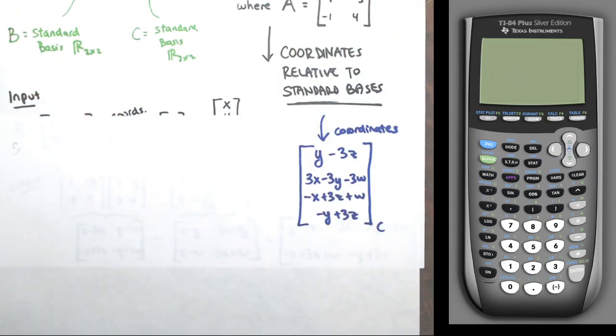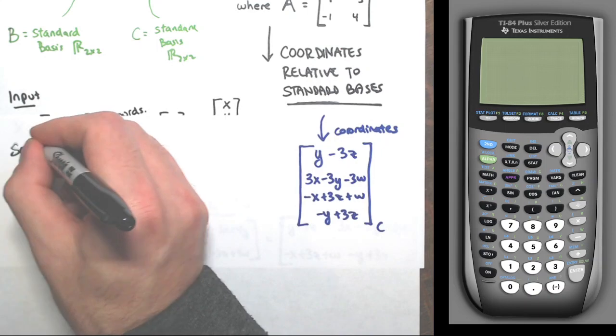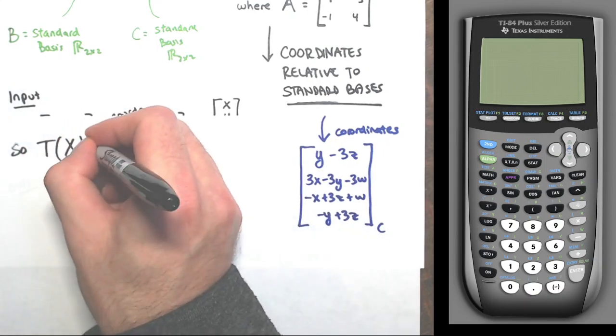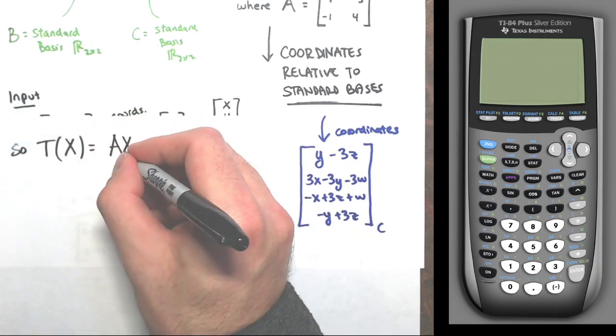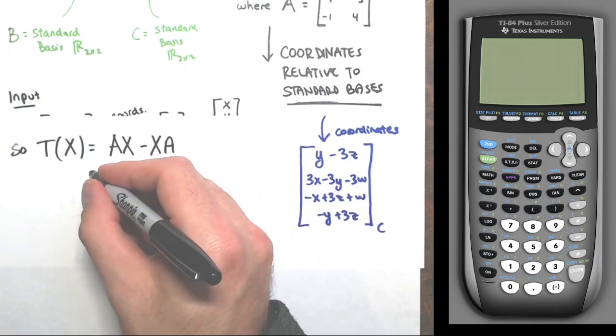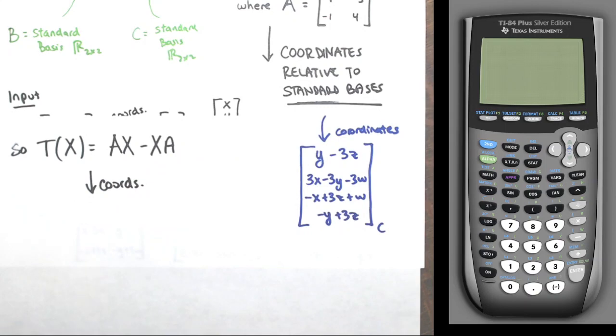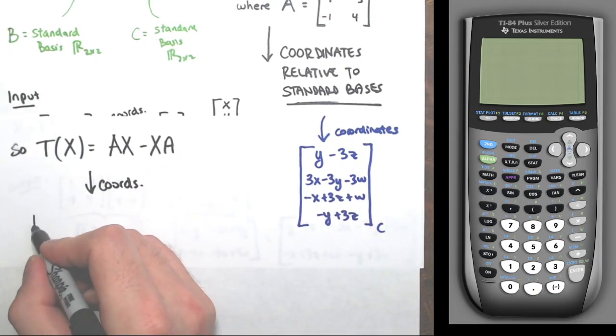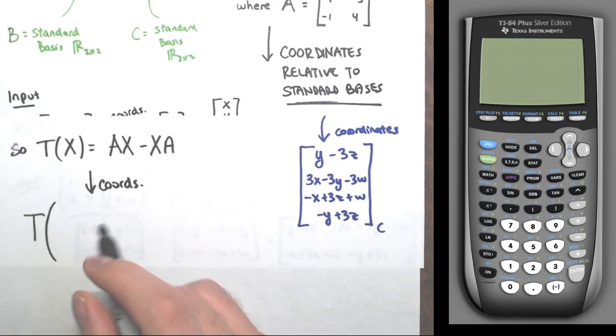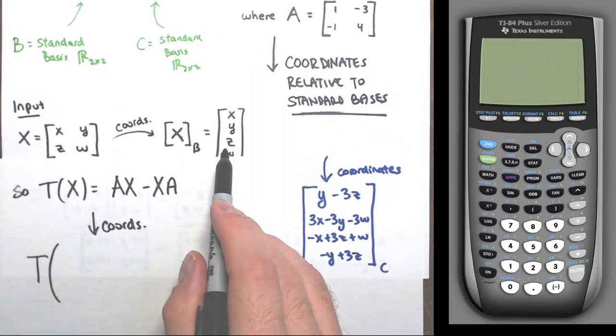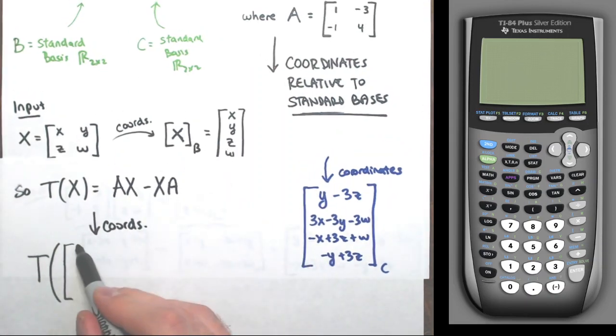T of X equals AX minus XA, when translated to its coordinate representation, would be T of the coordinates of the input, this 4 by 1 vector here, x, y, z, w.